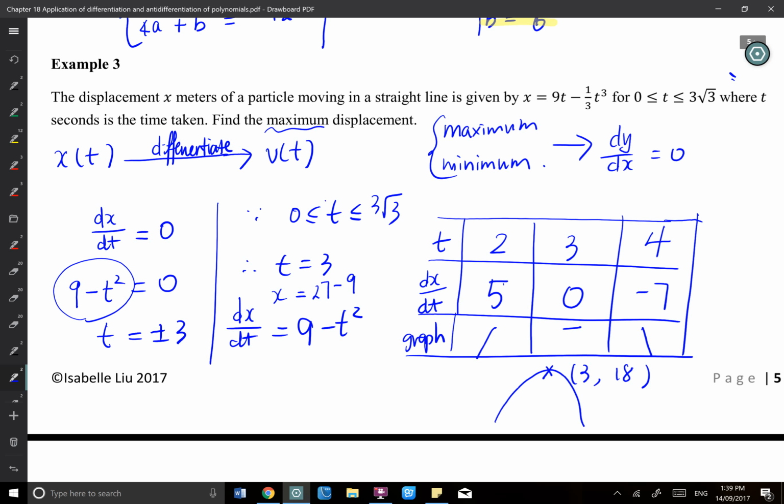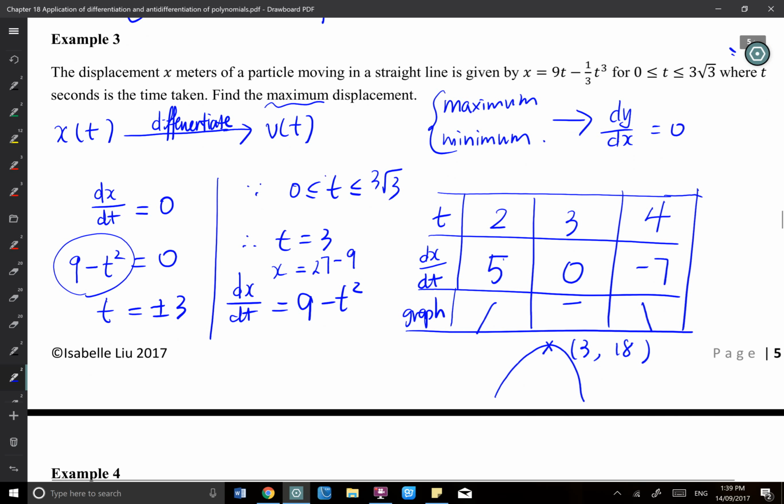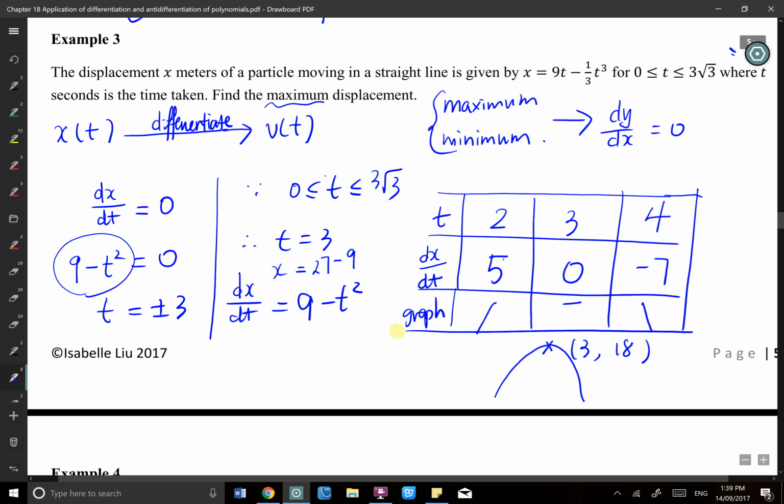So at time equals 3, the maximum displacement will be 18. Can you see that's a turning point, and nothing will be larger than that. So that is the maximum point. So find the maximum displacement: x max equals 18.